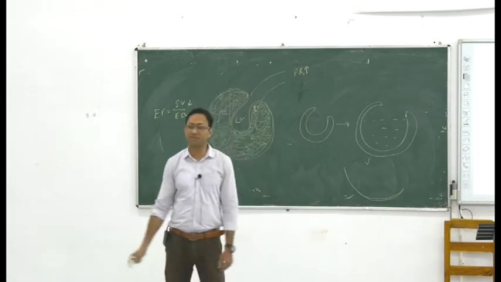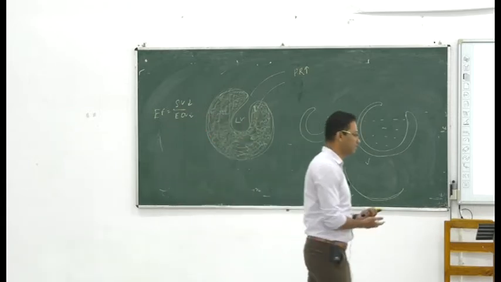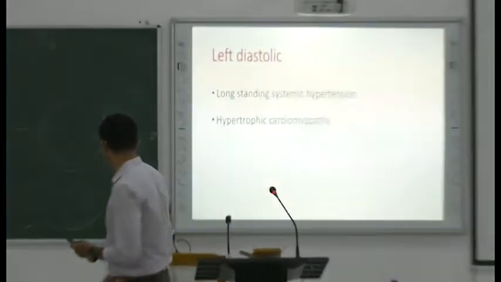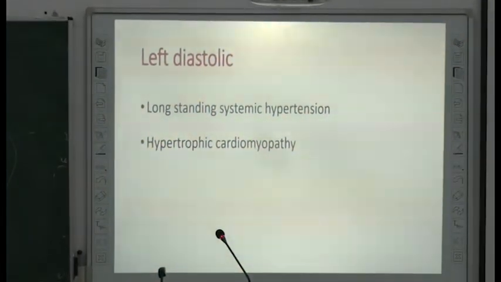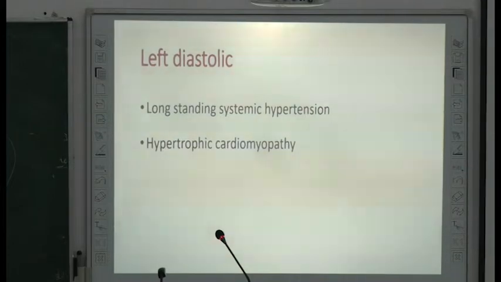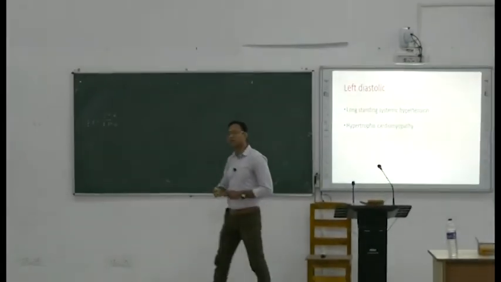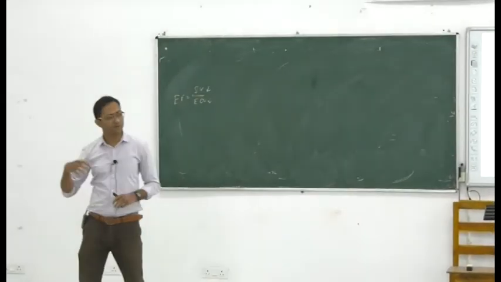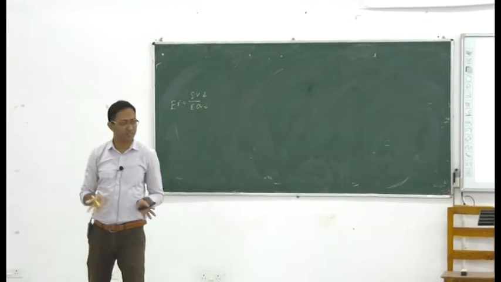Now next is hypertrophic cardiomyopathy. Okay? Just as we have discussed dilated cardiomyopathy, another example is hypertrophic cardiomyopathy. So hypertrophic cardiomyopathy is not a sequela of hypertension. Hypertension can give rise to left ventricular hypertrophy.